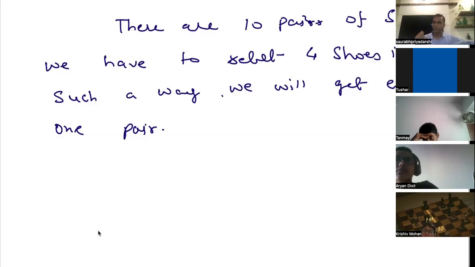So 100% you are not getting the pair. But think in that way, if I'm selecting one shoe of yours, the right one or the left one, and I'm selecting one shoe of Utkarsh, am I getting a pair?